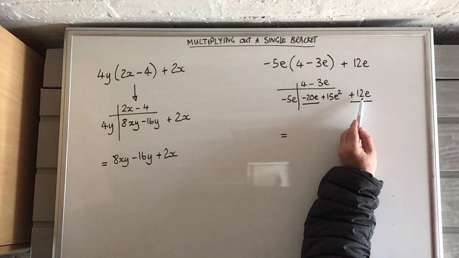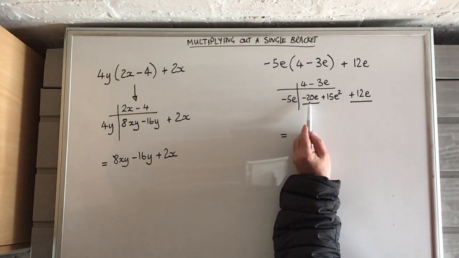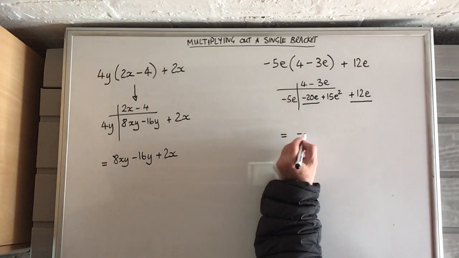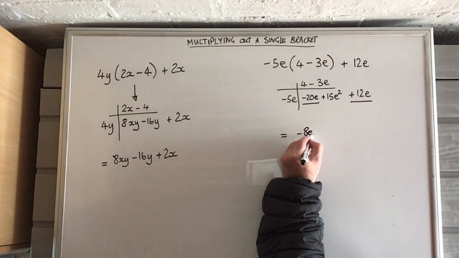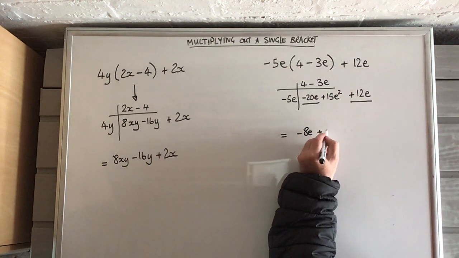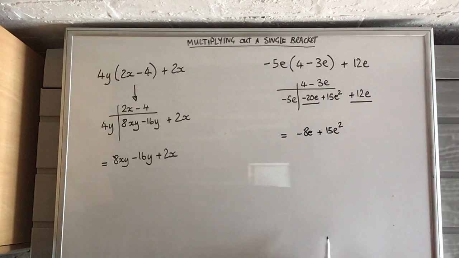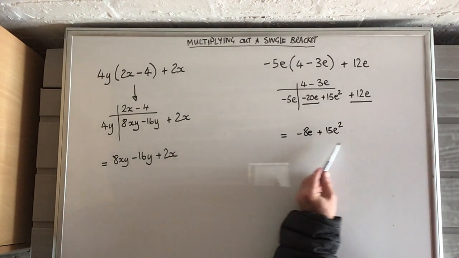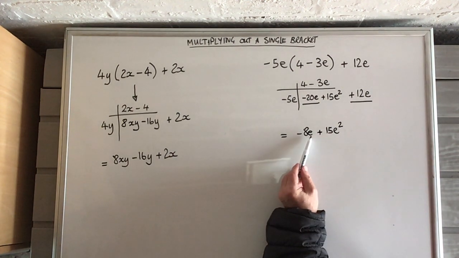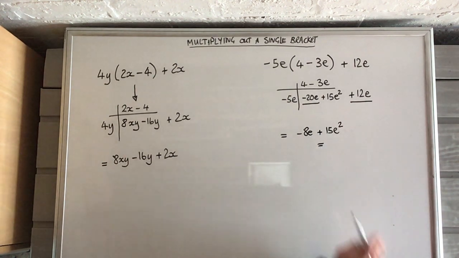That would give us overall 0, but we're still left with another negative 8e, so the answer to that is negative 8e plus 15e squared. Again, we can't tidy that anymore. E squared is totally different from e, and that's our final answer.